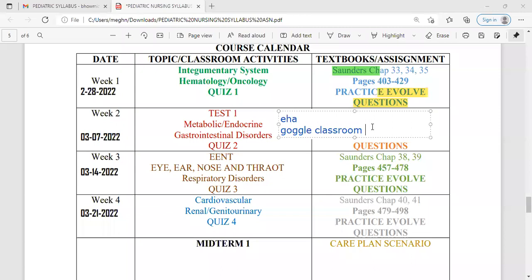And I will show you what Google Classroom is, what Evolve Question Bank is, right? And also I will email you the Saunders books, so you can open them and learn.